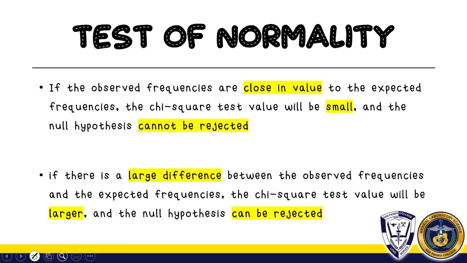Then of course your null hypothesis can be rejected. So kung iisipin nyo, just by looking at your expected and observed frequency, you will already have an idea, or kumbaga parang may expectations ka na in terms of what will be the result of your p-value.